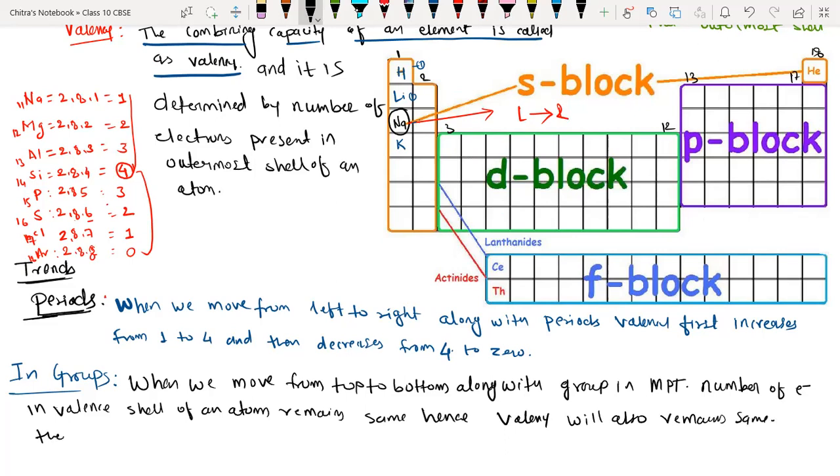Therefore, valency does not change from top to bottom along the group.